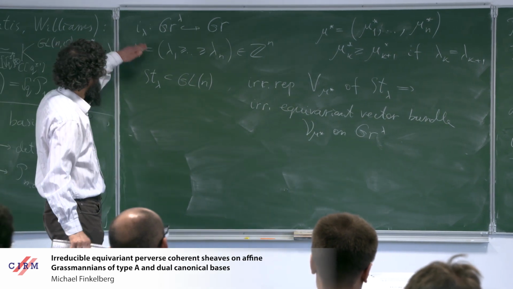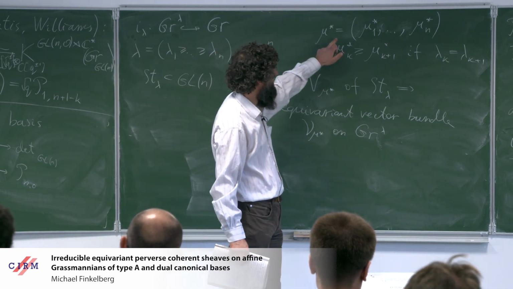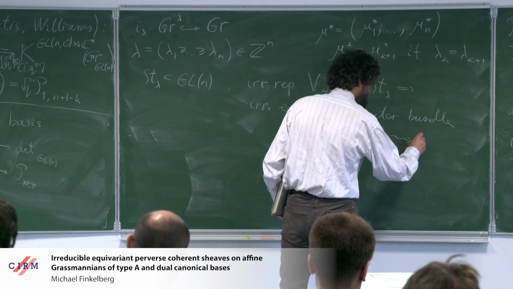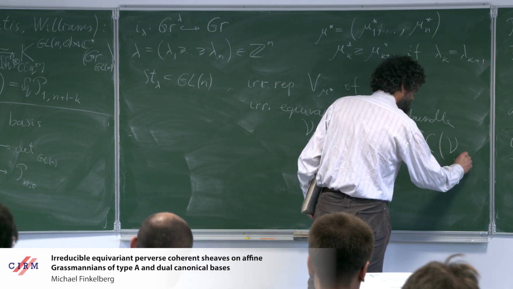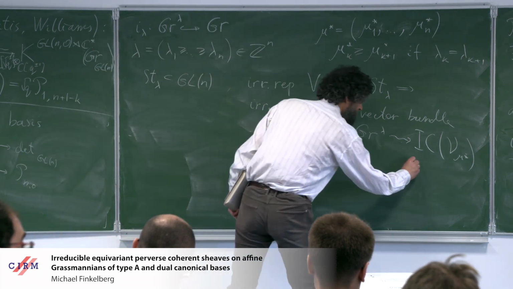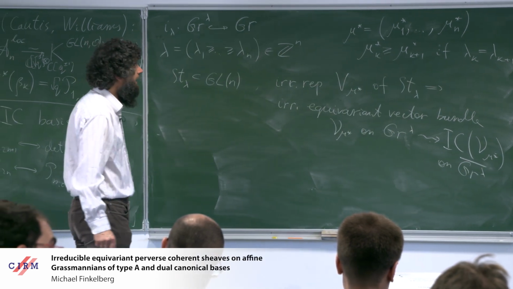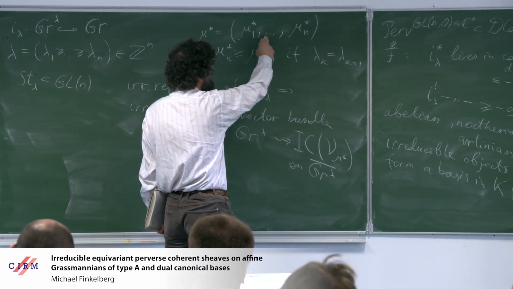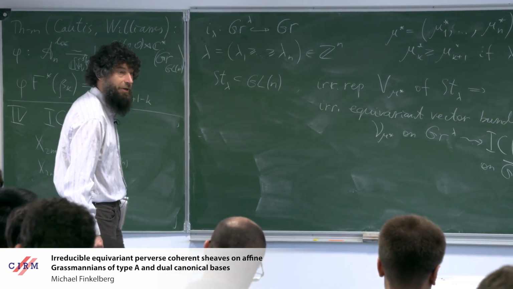First we fix the support, which is a Schubert variety in Grassmannian. Then we fix an irreducible vector bundle, which is given by this datum. And then we extend it somehow from the orbit to the orbit closure. So for example, if lambdas are all distinct, then this is just a collection of integers, no ordering at all, because the stabilizer is a torus.